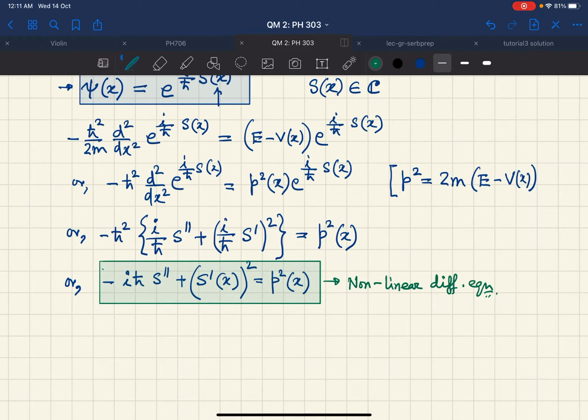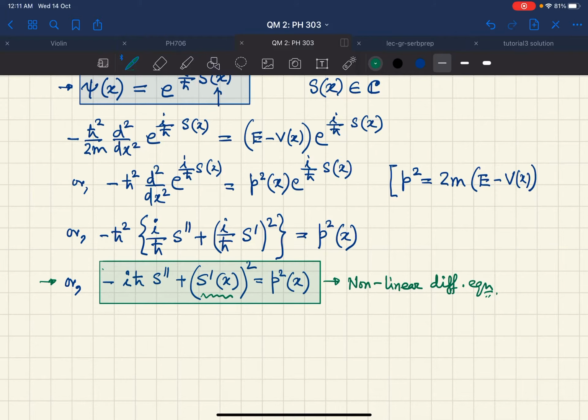This is nonlinear simply because we have the derivative of s and that squared, this s prime of x squared is there. So it is a nonlinear equation. Schrodinger equation, on the other hand, if you remember, was originally a second order linear differential equation. But here in this equation we have obtained a nonlinear equation.